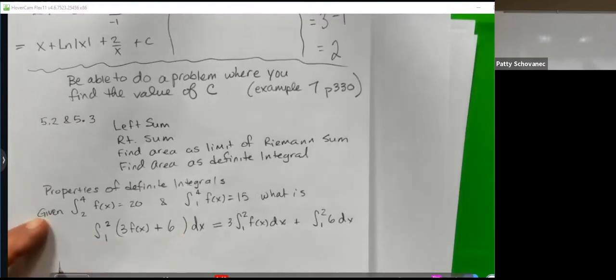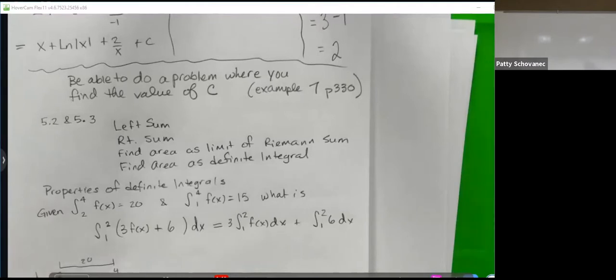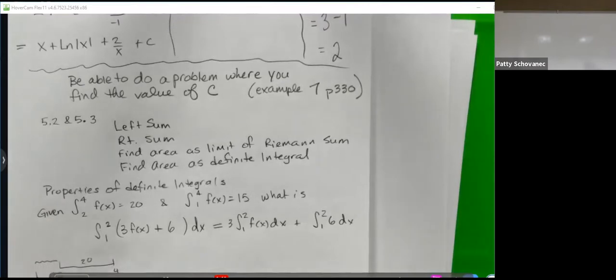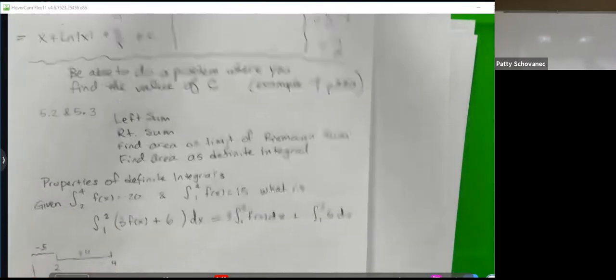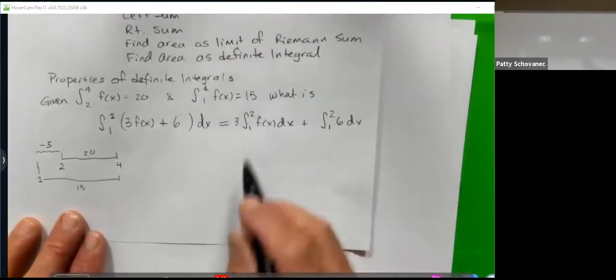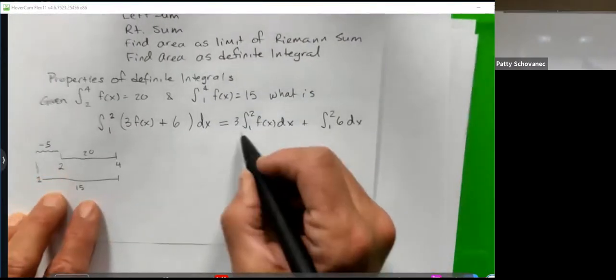If I know the integral from 2 to 4 is 20, and the integral from 1 to 4 is 15, then the integral from 1 to 2 has to add to the 20 to give us 15. So the integral from 1 to 2 has to be a -5. Agree? And so here I've got the integral from 1 to 2 to be a -5.